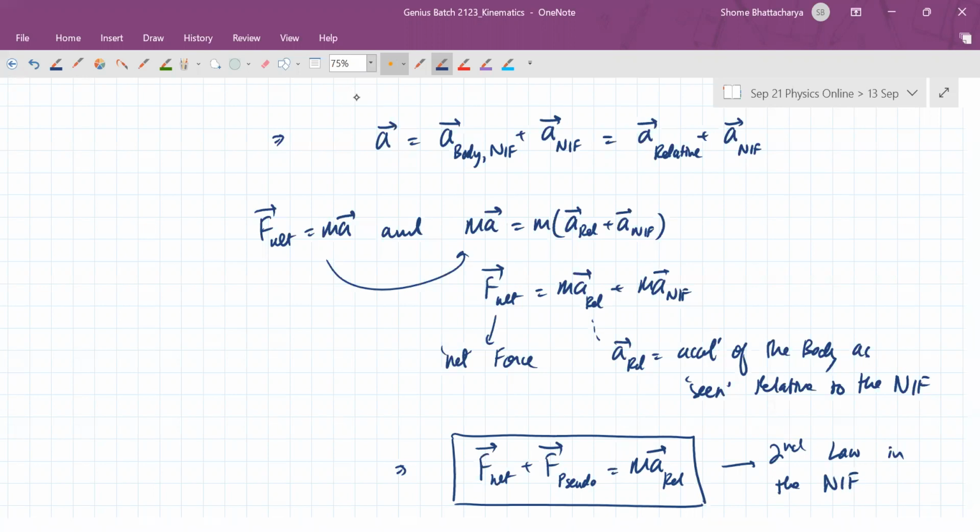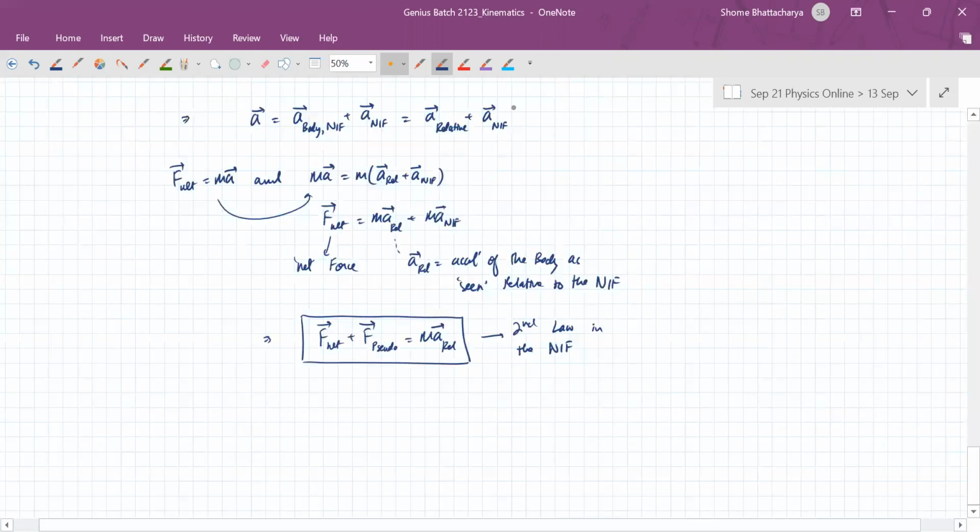Comparing with the above equation, you can see that this equation is converted to this. So you can see that pseudo force is equal to minus m into acceleration of the non-inertial.